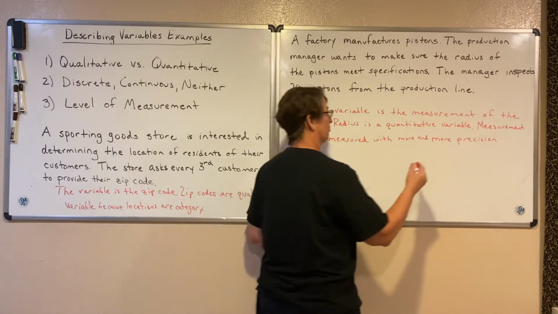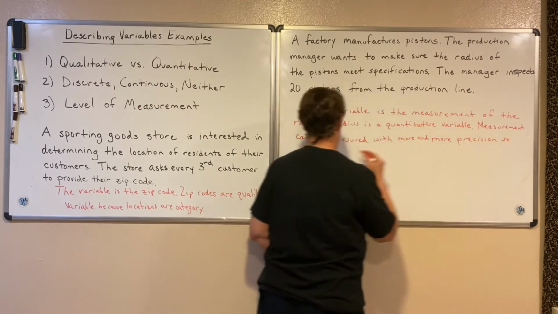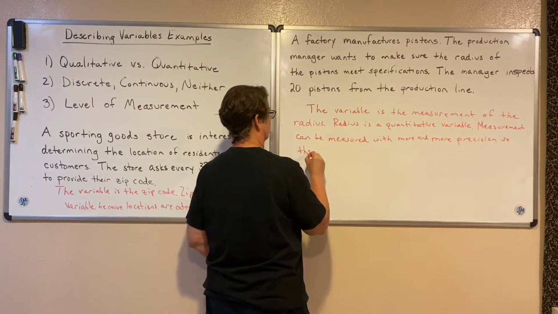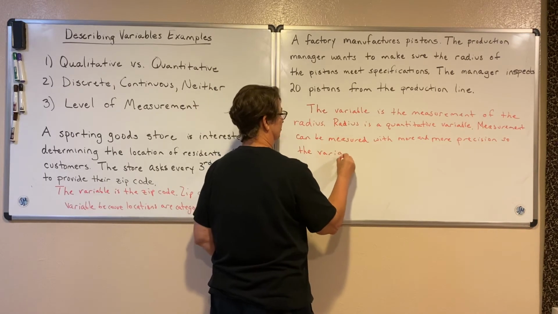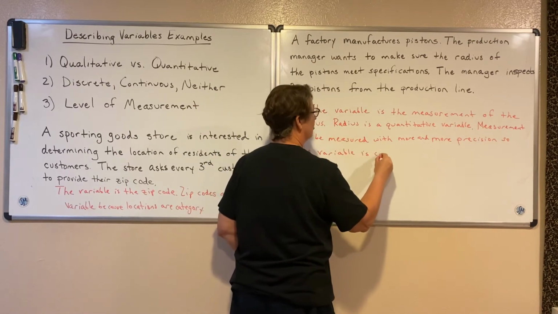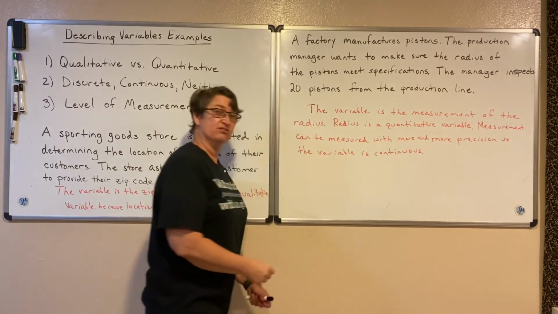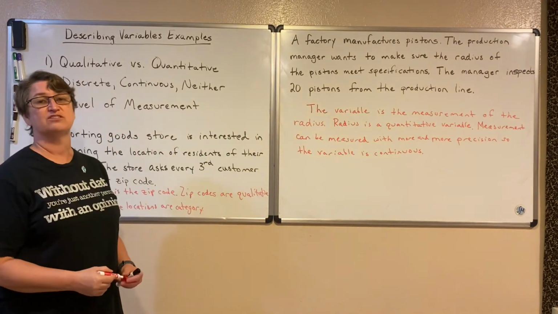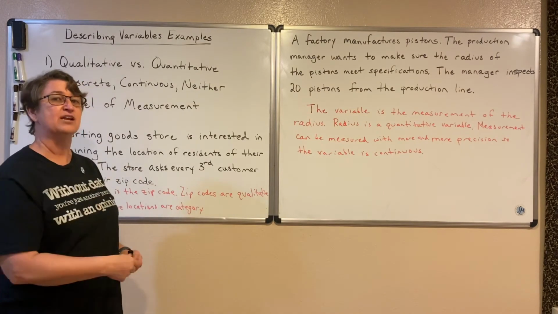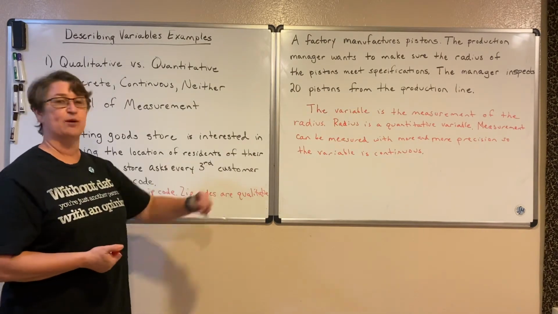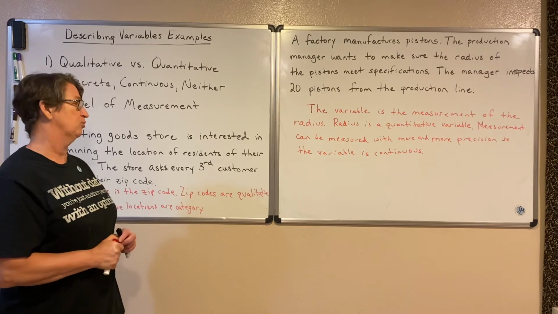So the radius, so the variable is continuous. You need to be able to write with complete sentences when you answer these questions. Part of statistics is being able to communicate your findings. And so being able to write with complete sentences is important.